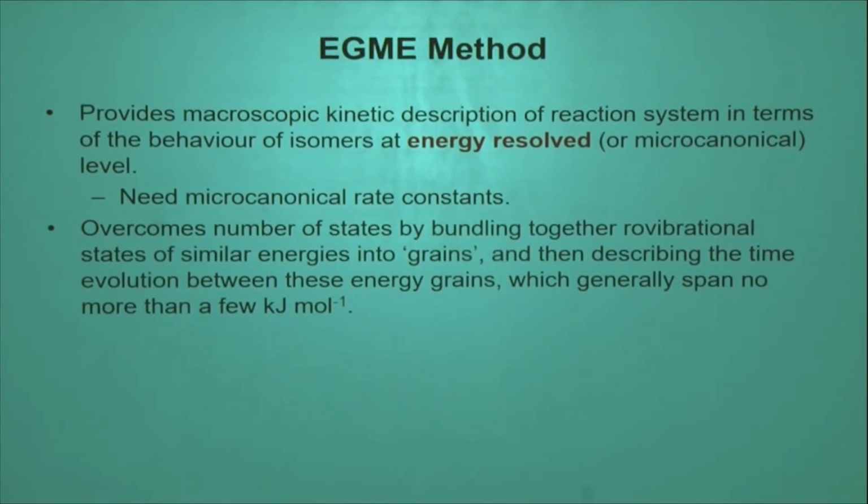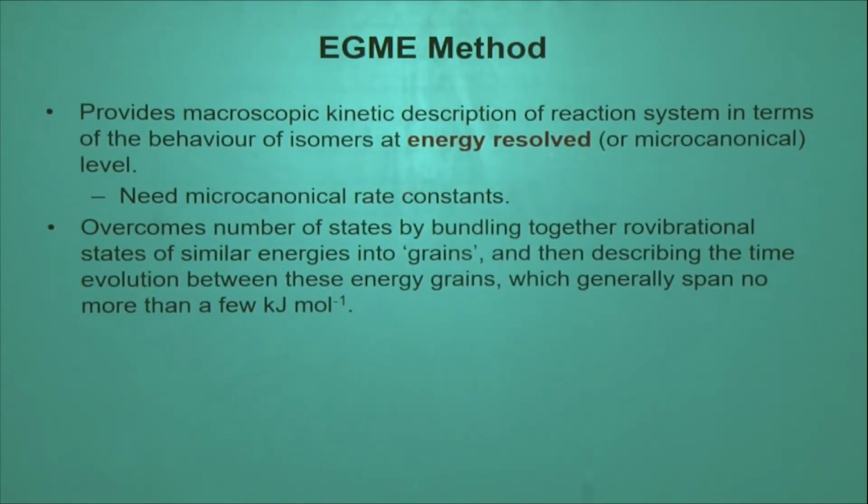And so we need as an input to this microcanonical rate constants, and we try to simplify the computational aspects of this by bundling together rovibrational states that have similar energies into these energy grains and describing the time evolution of transfer between these energy grains.